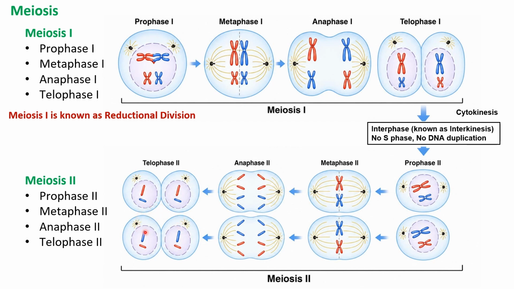So at the end of meiosis II, each daughter cell has the same number of chromosomes as the parent cell present at the beginning of the cell division. For that reason, meiosis II is known as equational division. So this is how the meiosis I and meiosis II cell divisions take place.